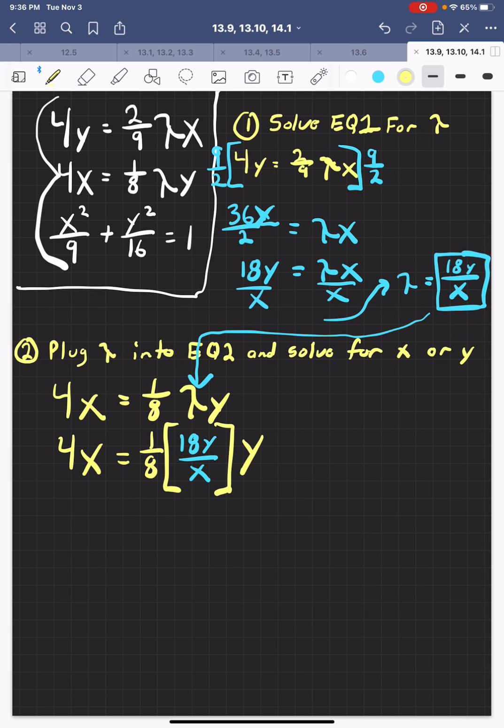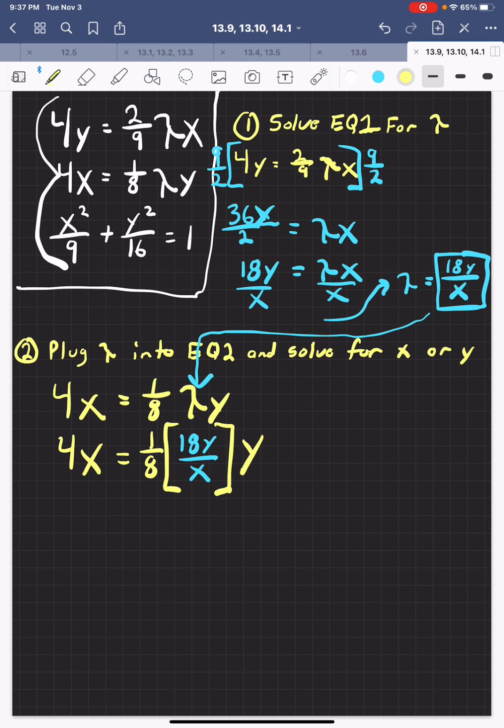Okay. So now it's up to you if you want to solve for x or if you want to solve for y. I think I'm going to just solve it for x.